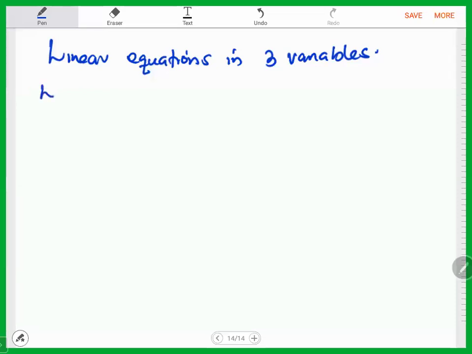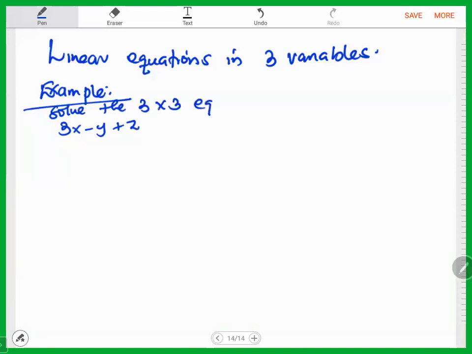Example. The question is solve the 3 by 3 equations: 3x minus y plus z is equal to 5.